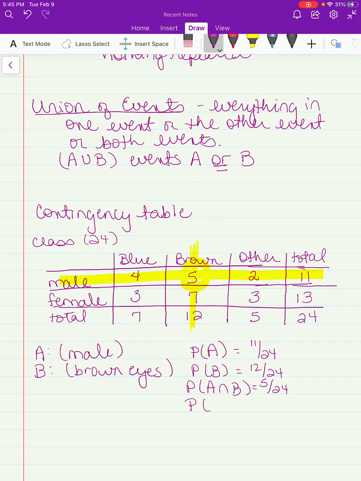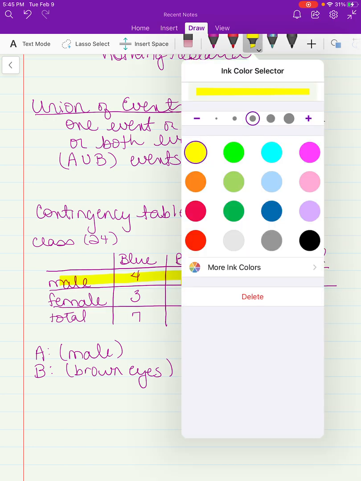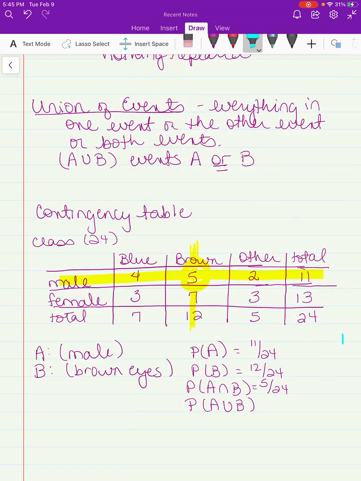And if I did the probability of A or B, then that means I'm talking about everybody that is male plus everybody that is brown. But I'm not going to count anything twice.